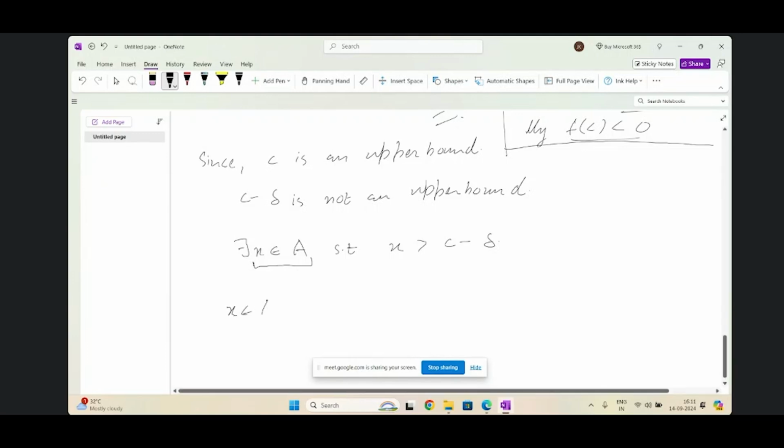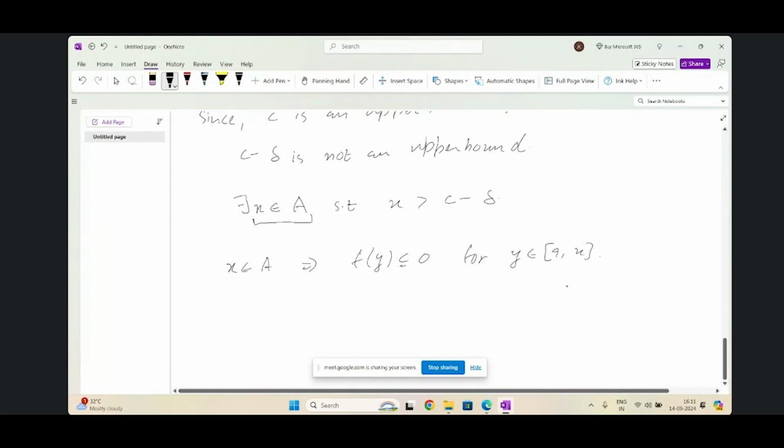When x belongs to A, it implies f of y is less than or equal to 0 for y belongs to [a, x]. This is the definition of the set A, right?